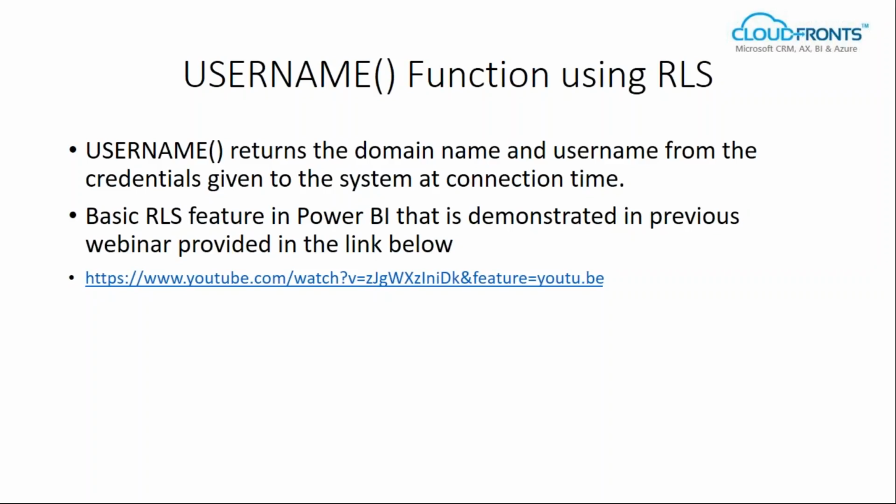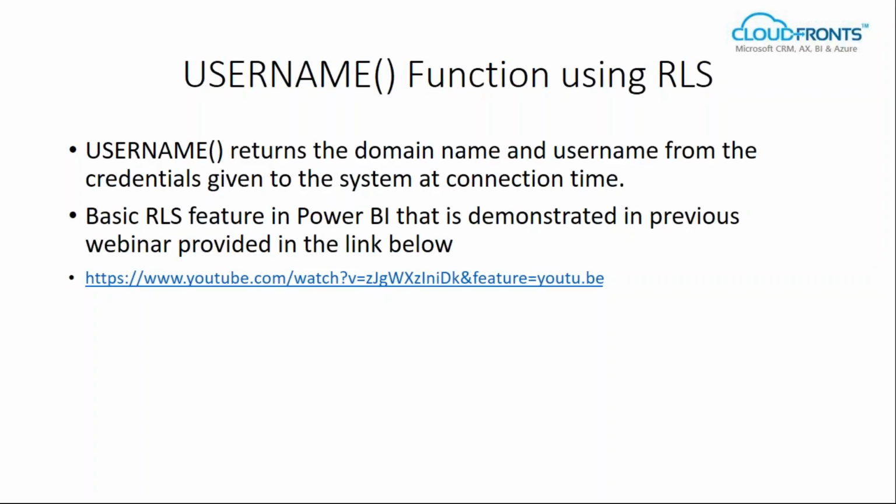But last month the Power BI team introduced the username function, a DAX function supported in Power BI. What exactly the username function does is return the domain name and username from the credential given to the system at connection time.